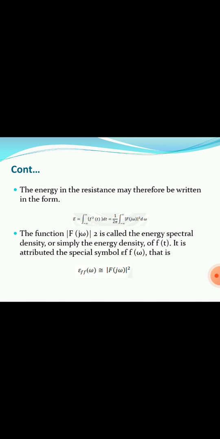Here the function modulus of F(j omega) the whole squared is the energy spectral density. Simply we can say the energy density. It is represented by a special symbol, epsilon ff of omega, which is equal to modulus of F(j omega) the whole squared.